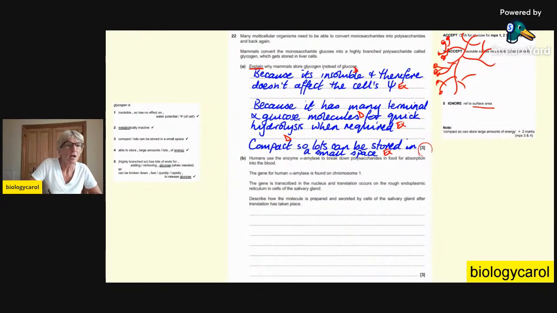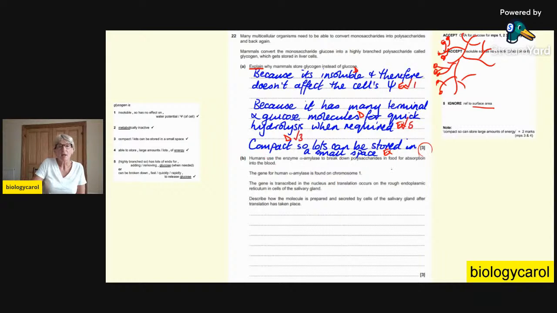Okay, so I got mark point 1 here, mark point 5 down here, and mark point 3. Now notice here you could just say compact, or lots can be stored in a small space. It kind of both means the same thing. So that was your description and explanation in the same word.